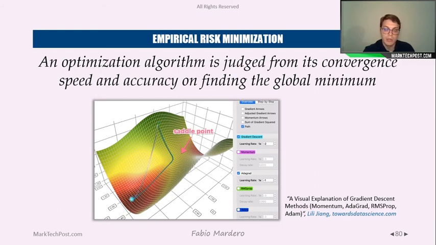So we want an algorithm that is very fast in finding the minimum, and also we would prefer that the percentage of finding the global minimum is at its maximum.